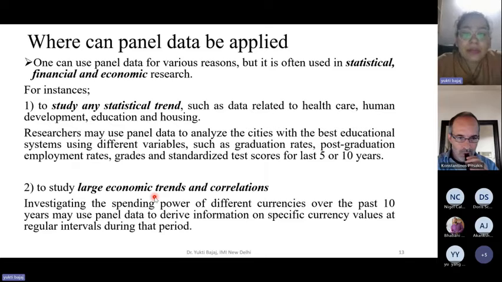Now, how are they performing against the dollar? I'll take up the data for the past, say, 10, 15 years, and see how they have been performing against the US dollar. That kind of investigation could be done using panel data, wherein the currencies are my units and the year dimension is, say, 10 years if I take that.